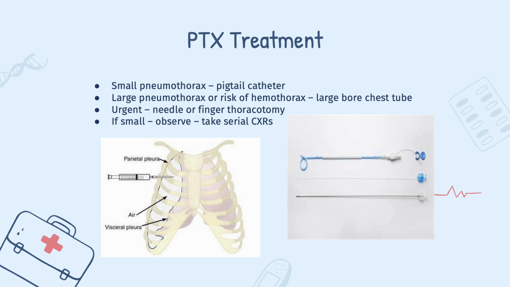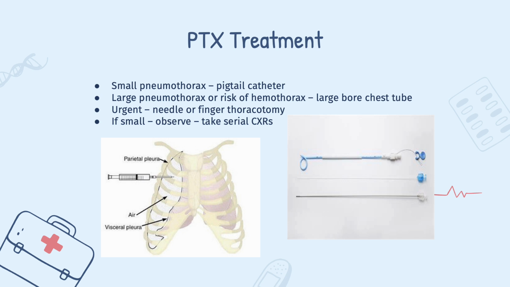If it's a really large pneumo, or you could potentially have a risk of a hemothorax, so a trauma patient that's bleeding into the space, or some of my patients that had open heart surgery, those need large bore chest tubes. If it is urgent, you have a non-stable patient, you're doing that needle or finger thoracotomy and following up with a chest tube, generally a pigtail. And then again, if it's small, just observe it and see what happens.